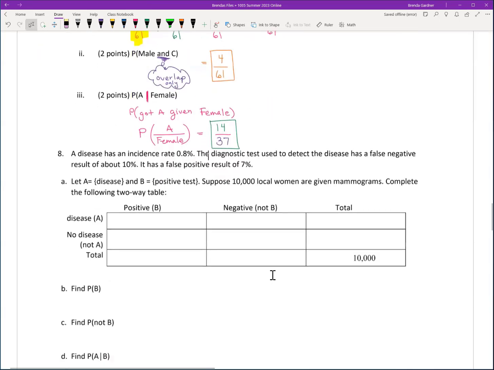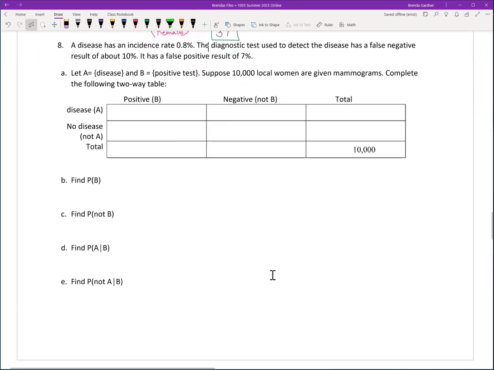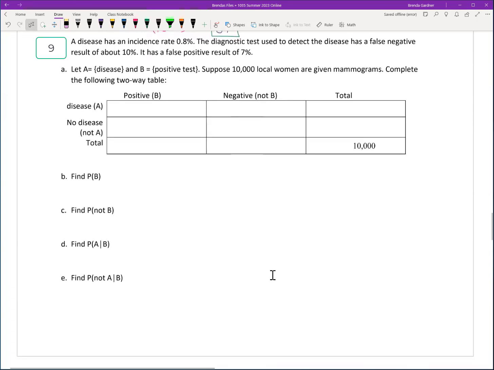Okay. Question 8. I love these questions, but they can be super tedious and a little bit confusing for a lot of students. What we're doing here is creating a two-way table. This is actually Bayes' theorem, which is super useful.